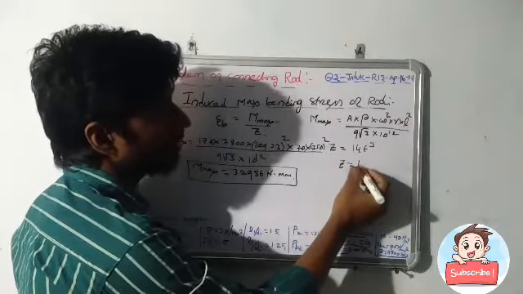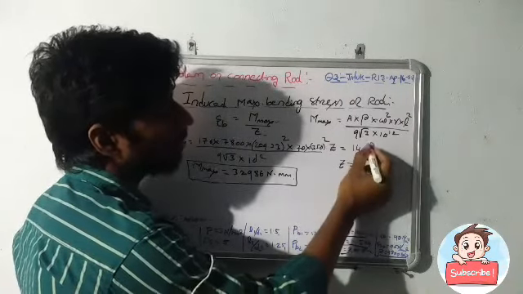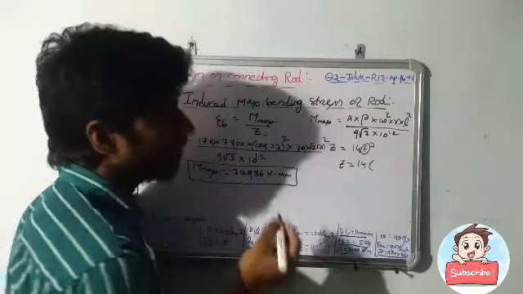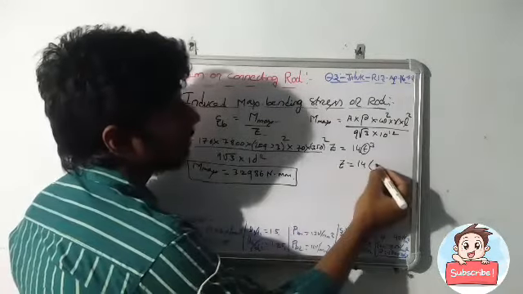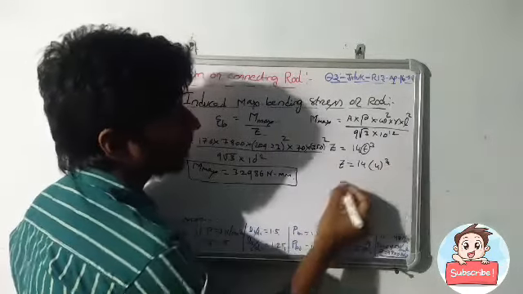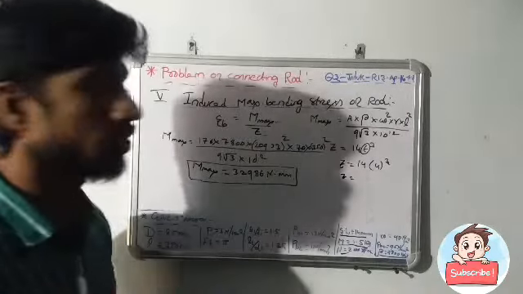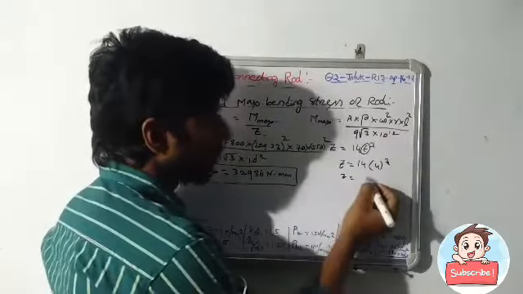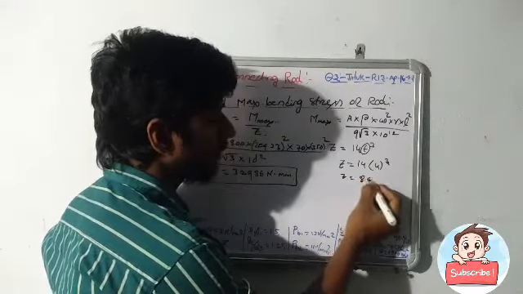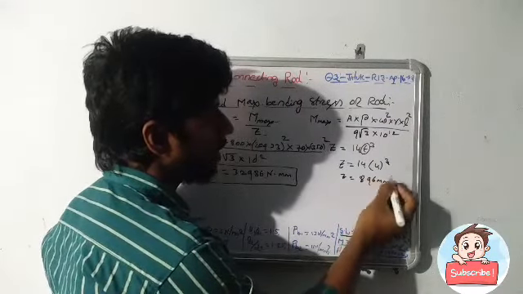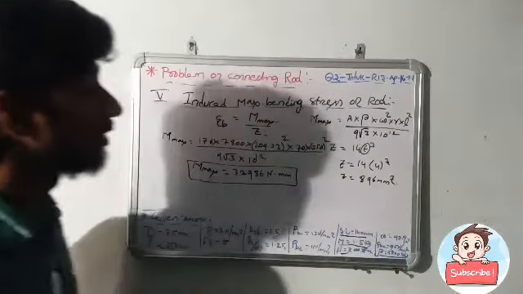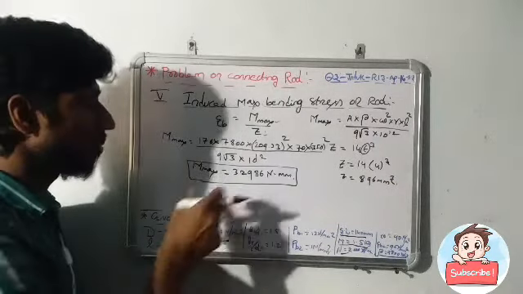The section modulus Z is equal to 14 into, we already found the thickness of the connecting rod web or flange, that is 4 whole cube. By simplifying this, we get the section modulus value, equal to 896 mm cube. So this is about the section modulus and M maximum.